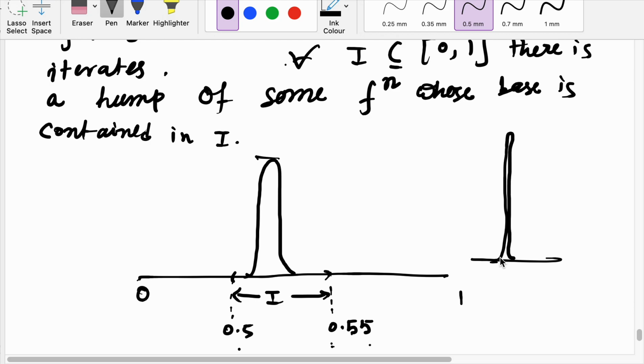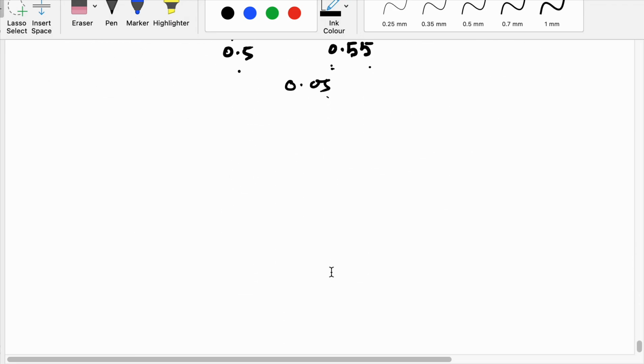Whenever the base of the hump shrinks, the steepness will increase more and more. And you will see this property will manifest the sensitive dependence. Let me give a lemma, then I will prove this lemma.